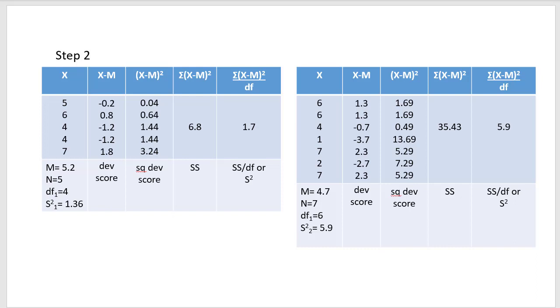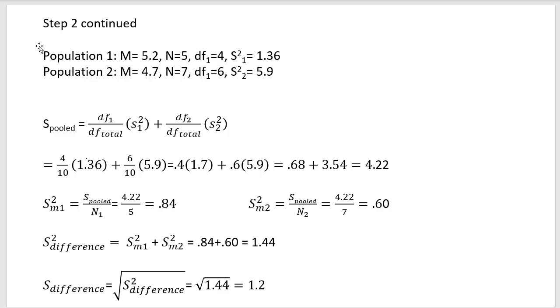Now that we have that information, we can go forward and find out what the standard deviation of the distribution of means is for these two groups using a series of calculations. I'm going to put them on one slide, so just bear with me that each step is across the page. I've reiterated the information from the previous slide so we can refer back to it. The pooled variance, the total amount of variance between the two groups, is the degrees of freedom in group 1 divided by the total degrees of freedom multiplied by group 1's variance, and then you do the same thing for group 2.